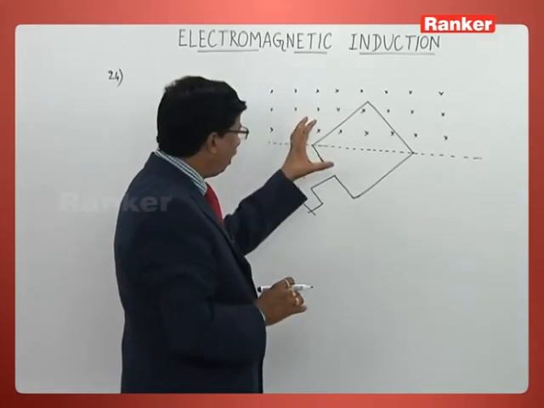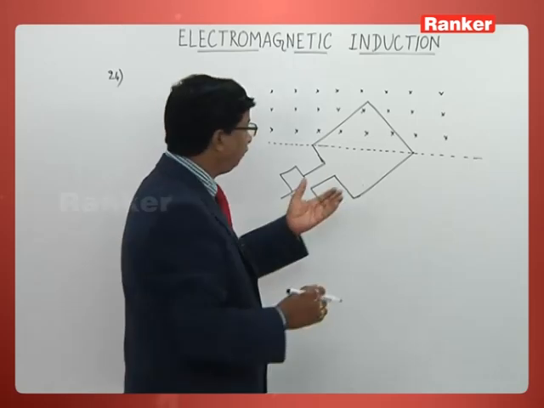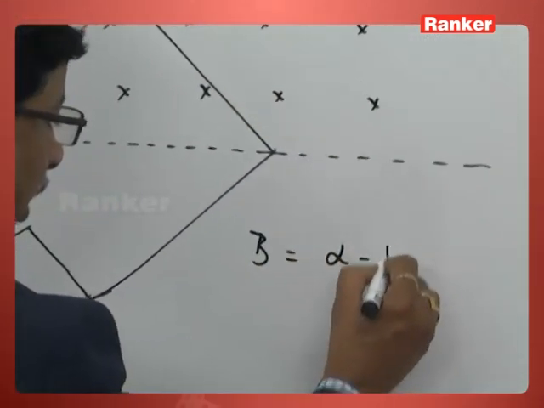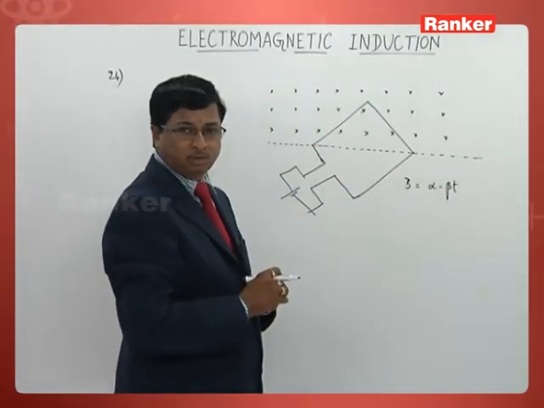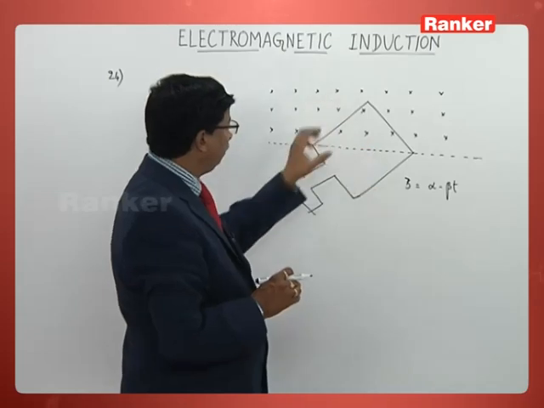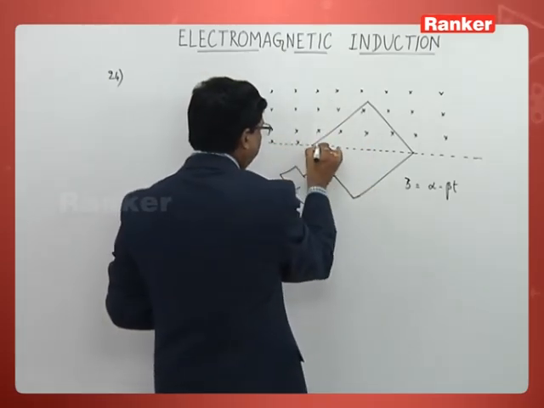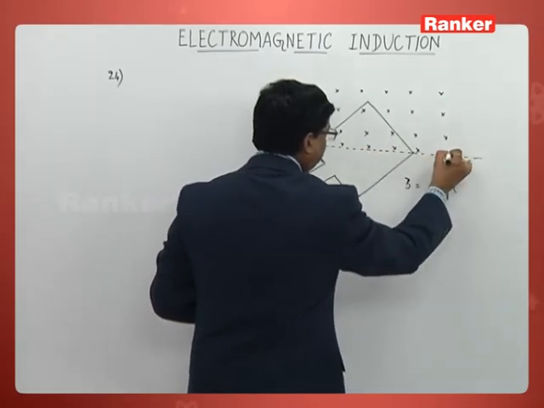Only the upper half is in the magnetic field. What is the value of that magnetic induction he has given you? B is equal to alpha minus beta t. That is the equation by means of which this magnetic field has been represented.